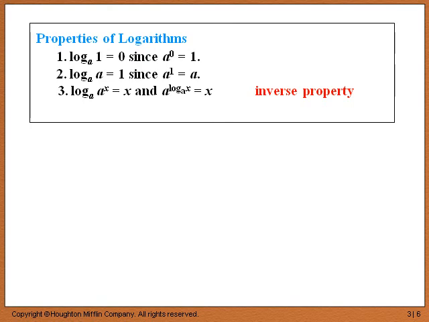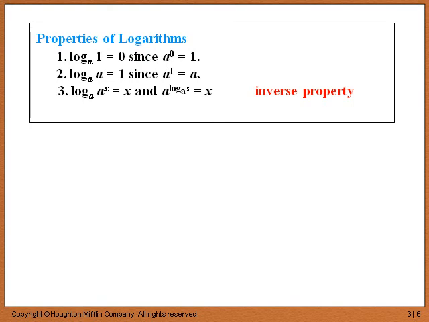Now let's look at the right side of property number 3. a to the log base a of x equals x. Well, I can use a similar line of reasoning. Let's start with the exponent first, which is log base a of x. What that's saying is the number I have to raise a to get x.